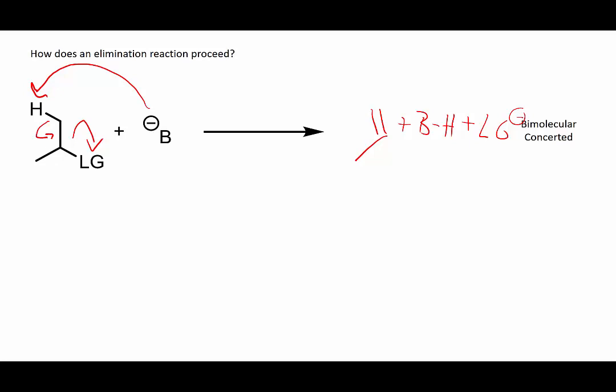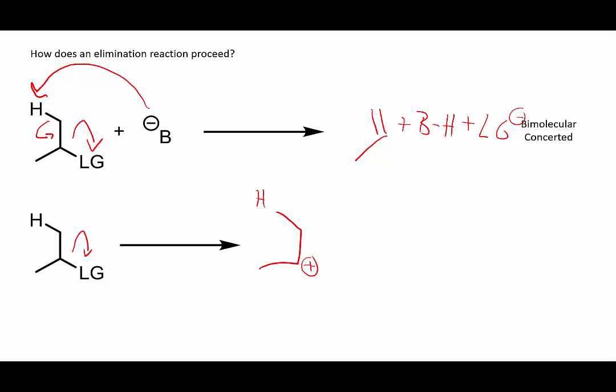If an SN2-like mechanism is possible, you could imagine the same thing for an SN1-like mechanism, where it is unimolecular and stepwise. So if we have the same substrate, again, what if our leaving group comes off first, similar to an SN1 reaction? In this case, we have our hydrogen here. We have formed a cation, which is unstable.